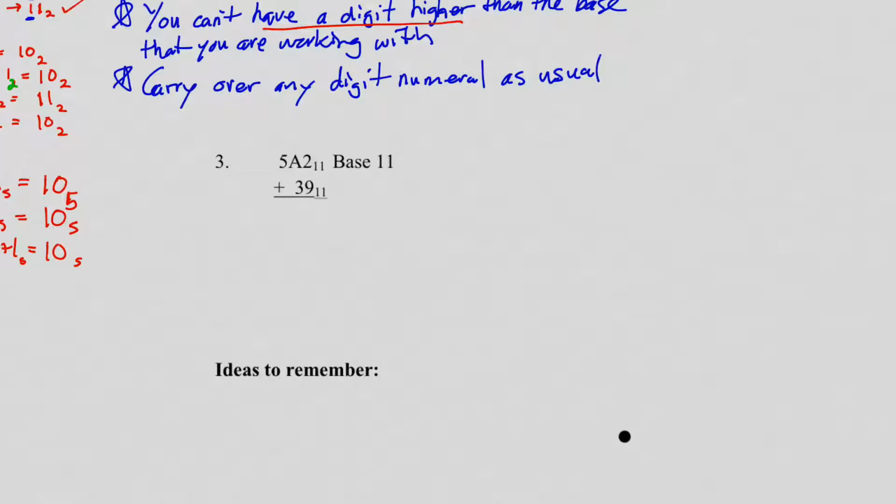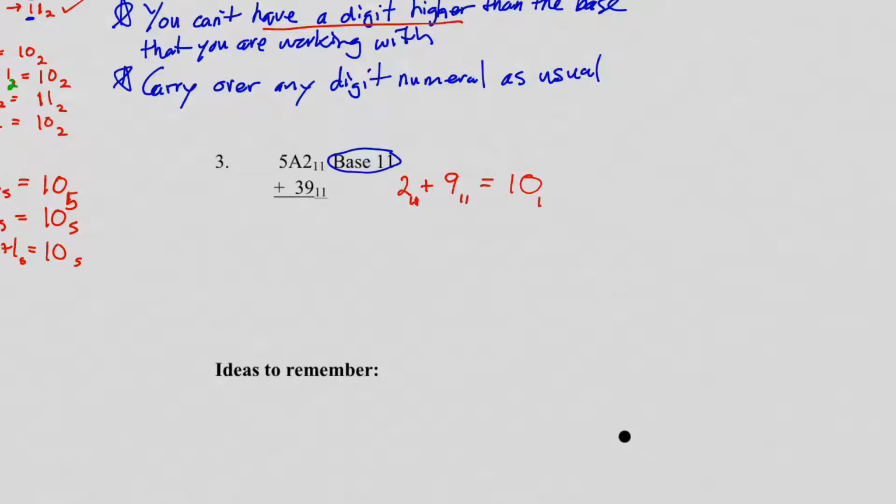Okay, so we have base 11 this time. The first column is 9 plus 2, or 2 plus 9. And that is, in our system, 11. But 11 items is actually one complete set of 11 and no remainder.